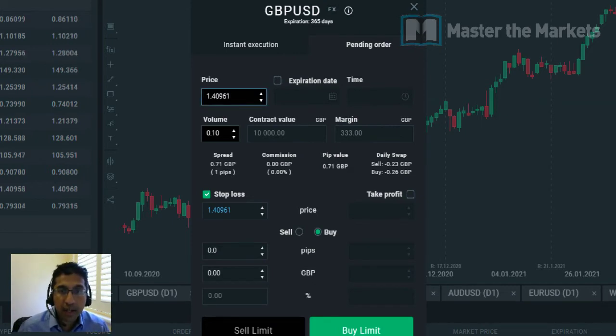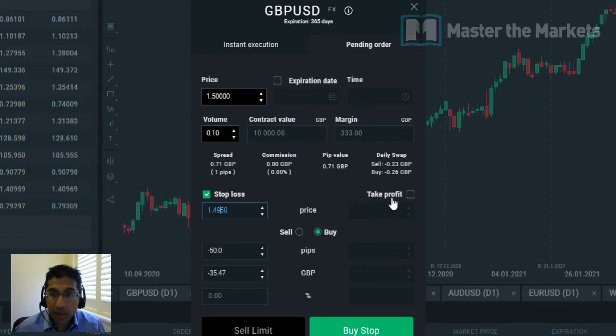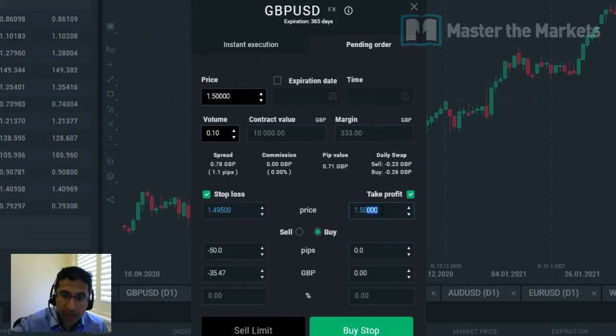Let's just say I wanted to put a position at 150 and my stop loss was at 49.50. Now, in terms of the take profit, if I said that I want a 75 pip target, just like what we looked at, 5075, isn't it? And there you go, traders.